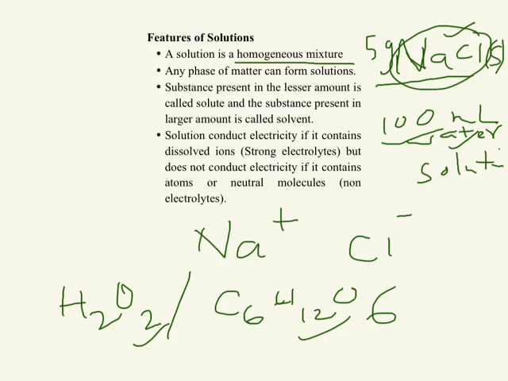Since there are no ions, these solutions do not conduct electricity, and the compounds are known as non-electrolytes. So glucose, C6H12O6, is a non-electrolyte. H2O2, hydrogen peroxide, is a non-electrolyte. On the other hand, sodium chloride is an electrolyte. In fact, it's a strong electrolyte.